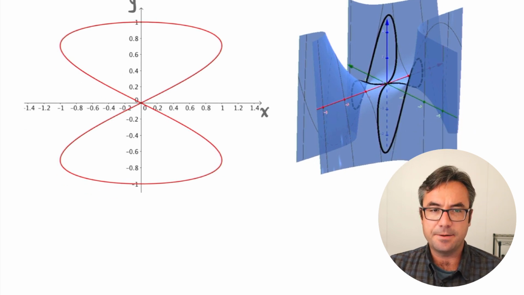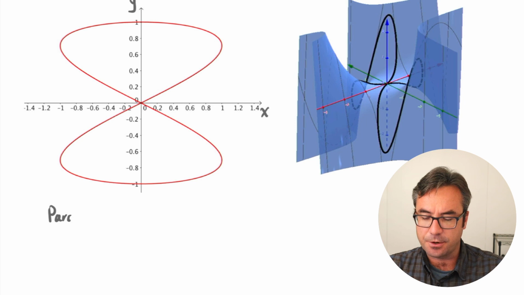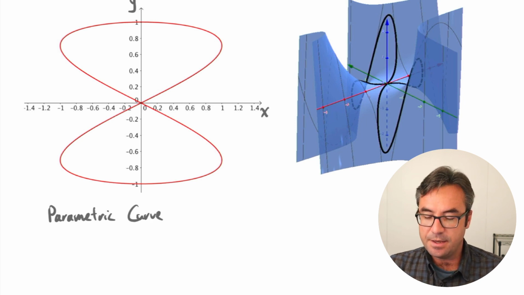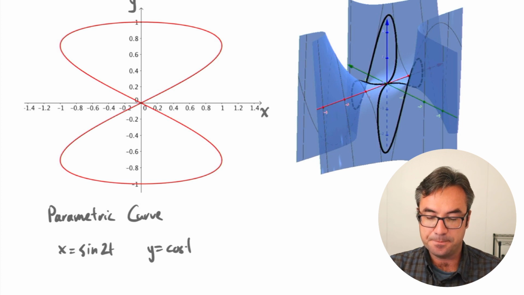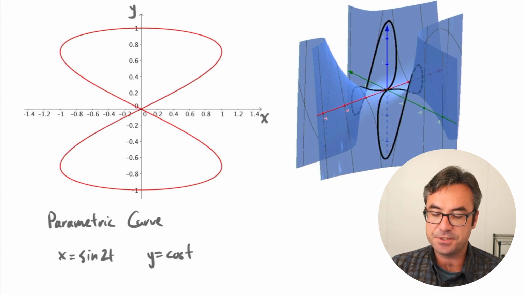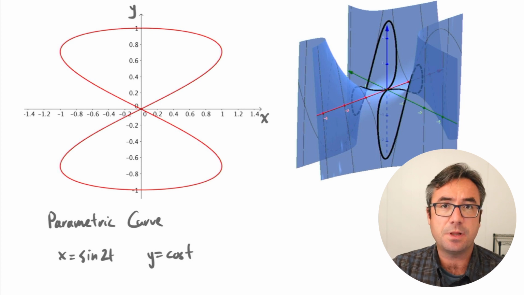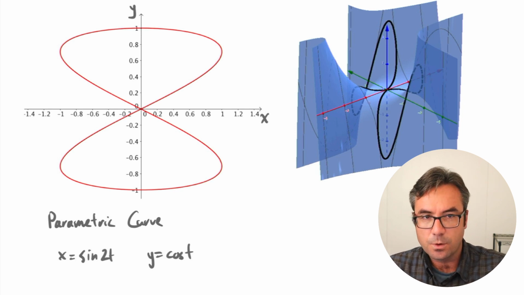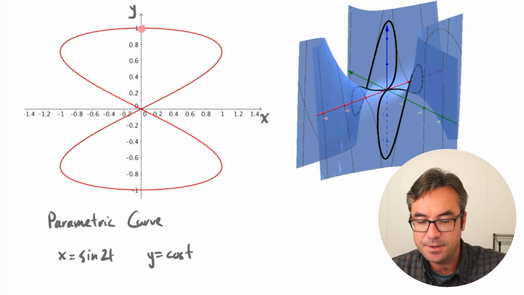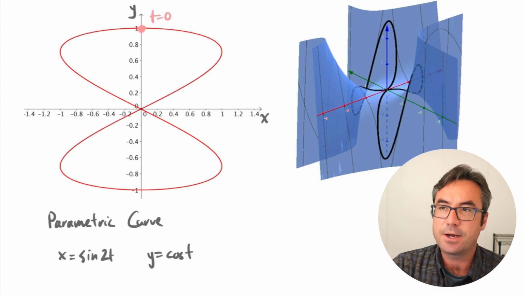And what we're plotting is the parametric curve given by x equal to sine of 2t and y equal to cosine t. So this is the parametric curve just plotted on the xy plane here. And at t equals 0, we're actually at this point right up here. The x-coordinate was 0, and we saw the y-coordinate was 1.